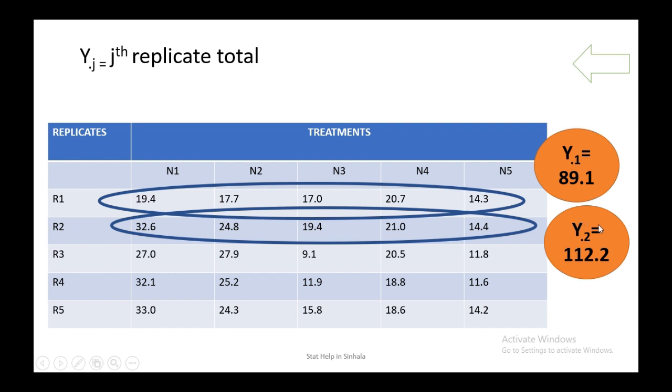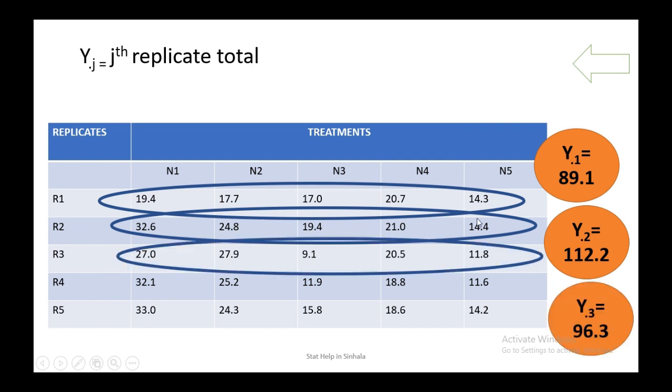Y dot 2 means the total of the observations under replicate 2, the total of these 5 observations. Y dot 3 is the summation of the observations under replicate 3.